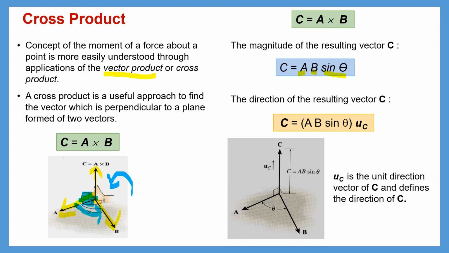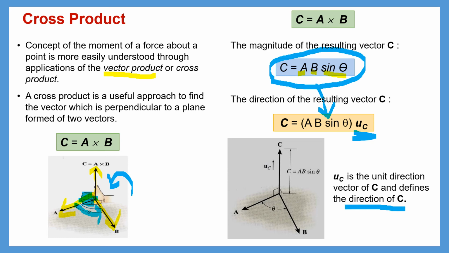As we know the magnitude of C, we can calculate the resultant vector C if we multiply its magnitude with the unit vector of C. This unit vector will define the direction of C. Okay. These equations are very important. You should understand them.